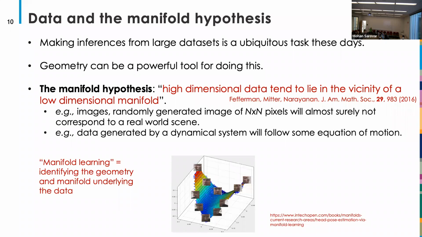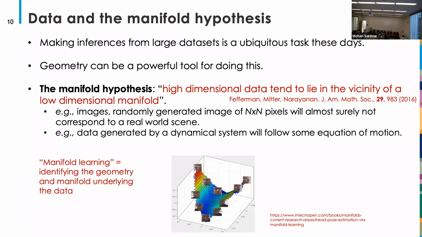The other example to think about is something like images. If you have an n by n pixel image, a random n by n pixel image will basically just look like white noise. It won't correspond to a real-world picture, right? Because real-world scenes have more structure beneath them, which means you're not really in this n by n pixel space. There is actually a lower-dimensional manifold that contains the information.